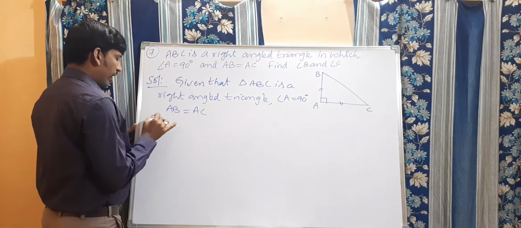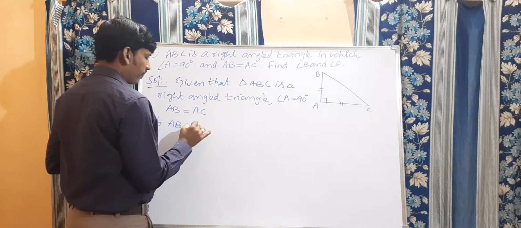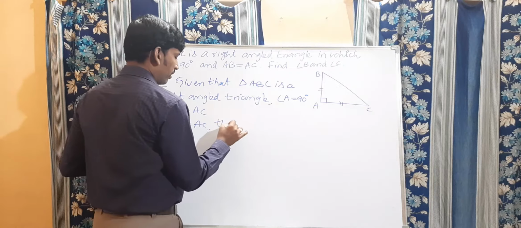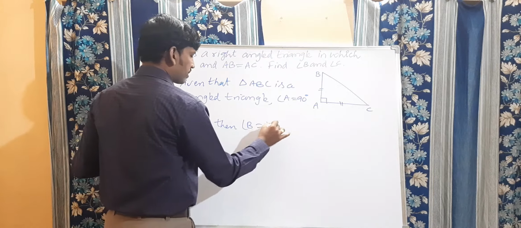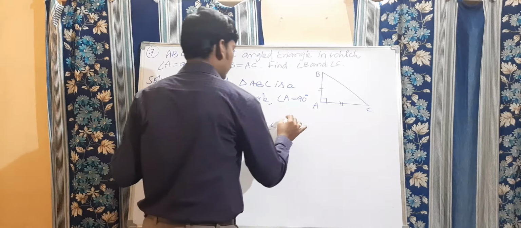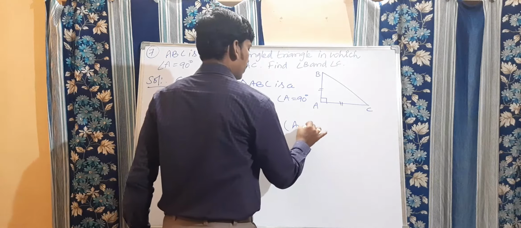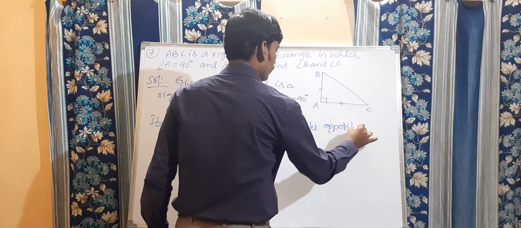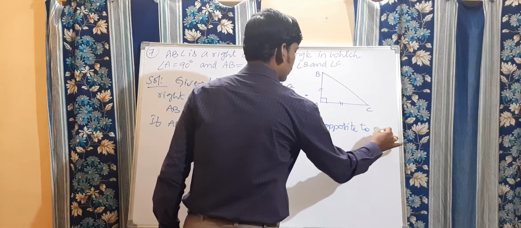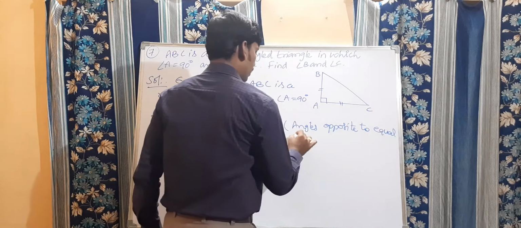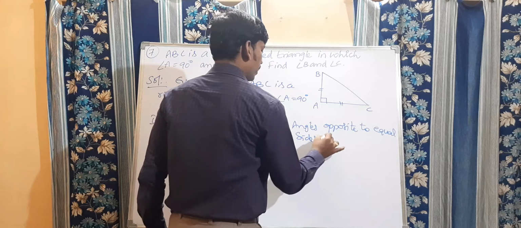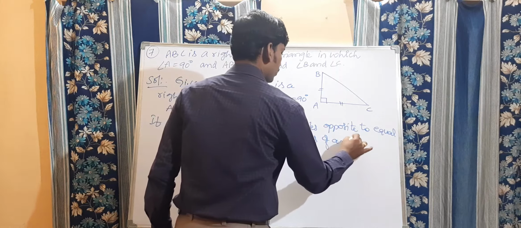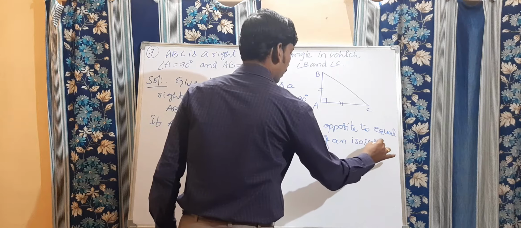If AB is equal to AC, then angle B is equal to angle C. Angles opposite to equal sides of an isosceles triangle are equal.